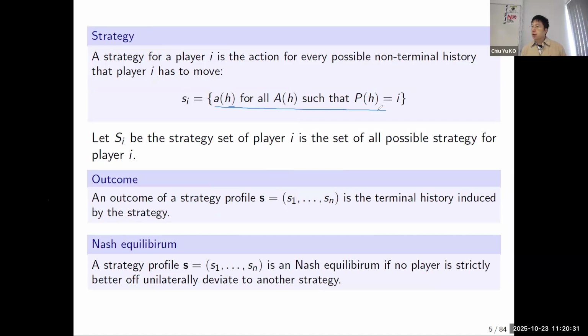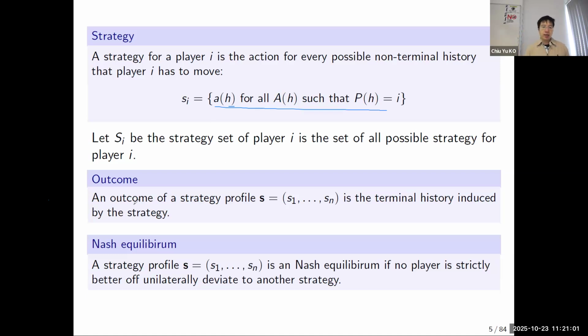Because the agent, a player, can act at many points in the history, the strategy has to specify for all possible histories where he can move. So you have to be very careful. The strategy is for all possible histories that a player can move.